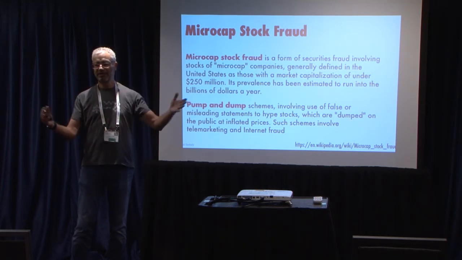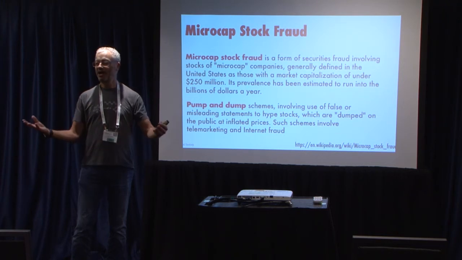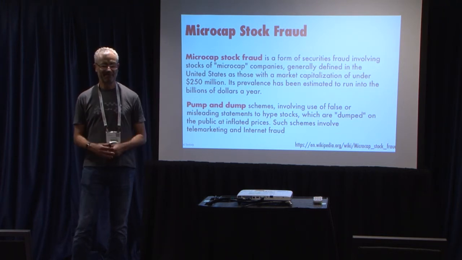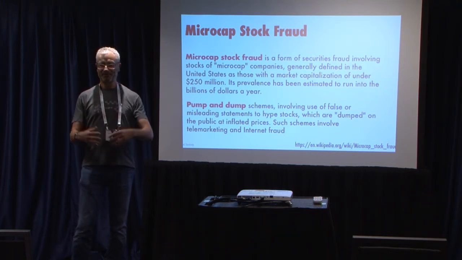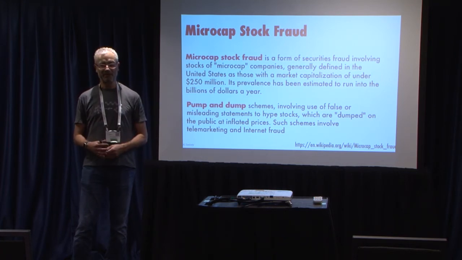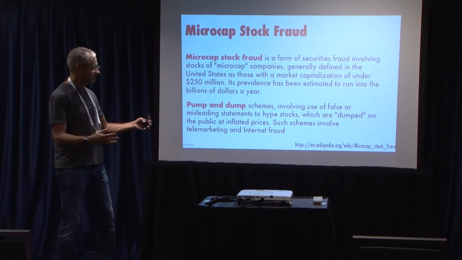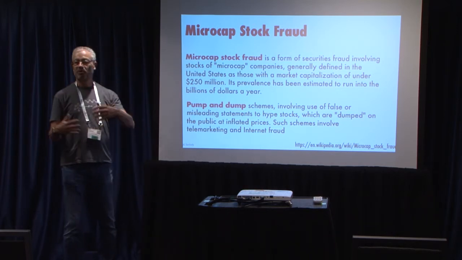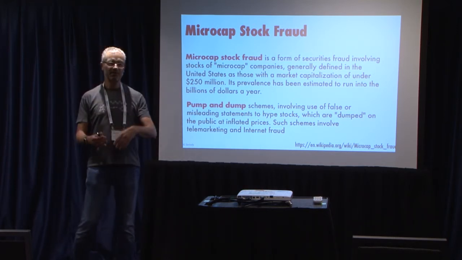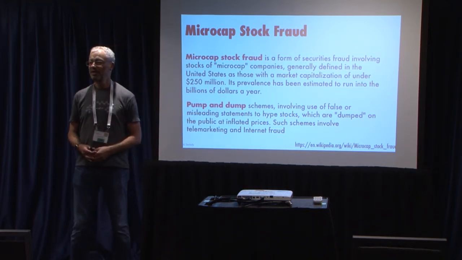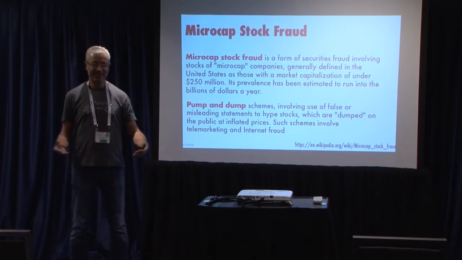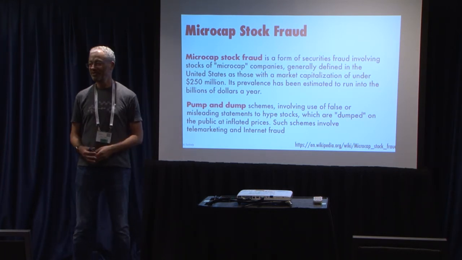The whole process takes about a year and about $1 million to set up. And so you can imagine this is all done very, very well. And then the scheme starts where they start promoting this company, and they will hire promotion firms that specialize in internet promotions.